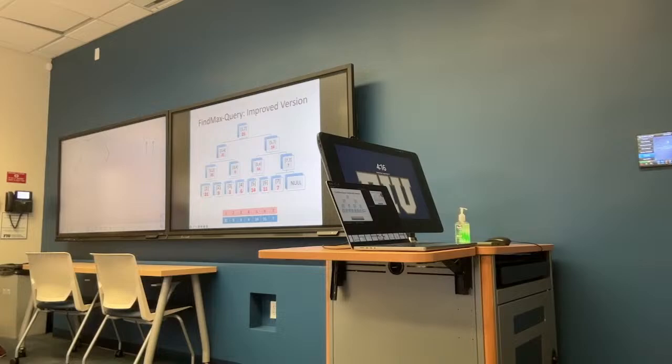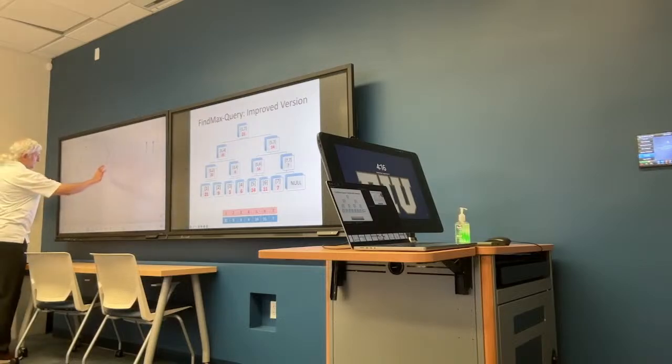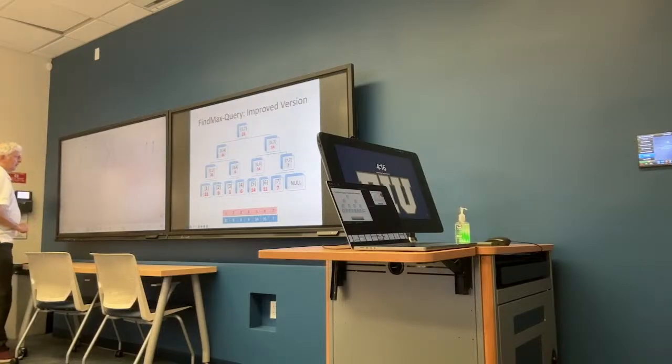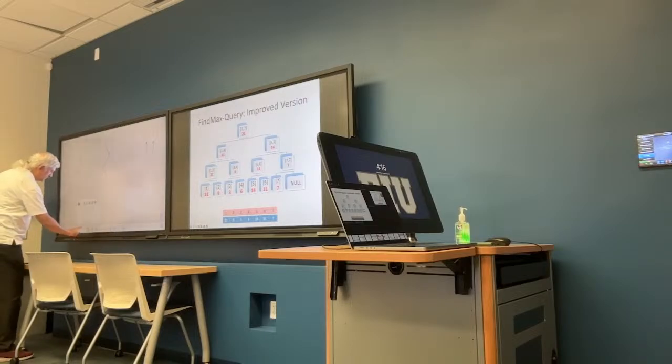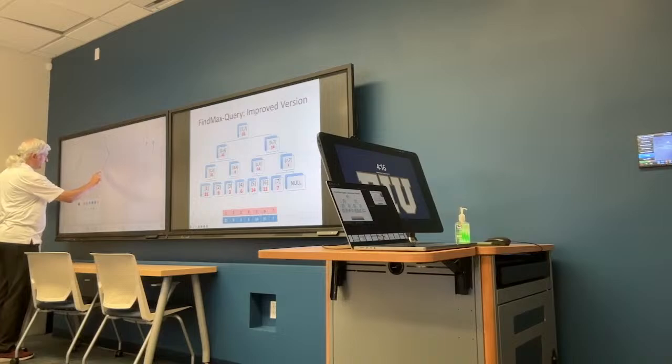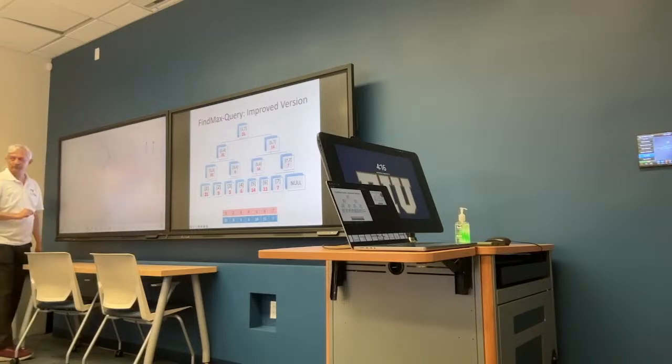Are you with me? Okay, so I come down here, and here, which are the subtrees that I've essentially ignored? And you can figure this out. You'll see that I've ignored a subtree over here, and I've ignored a subtree over here.